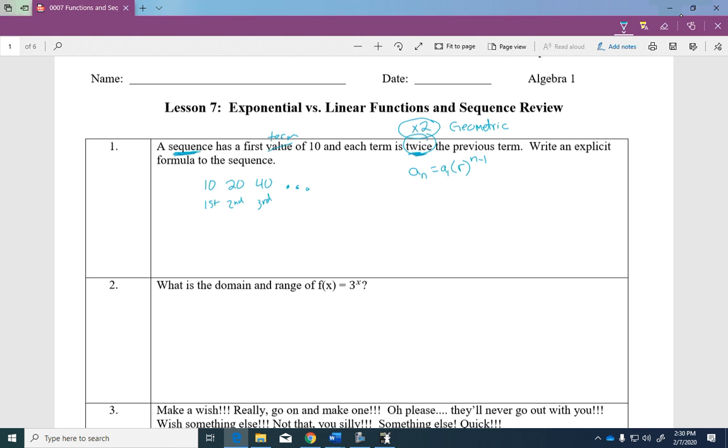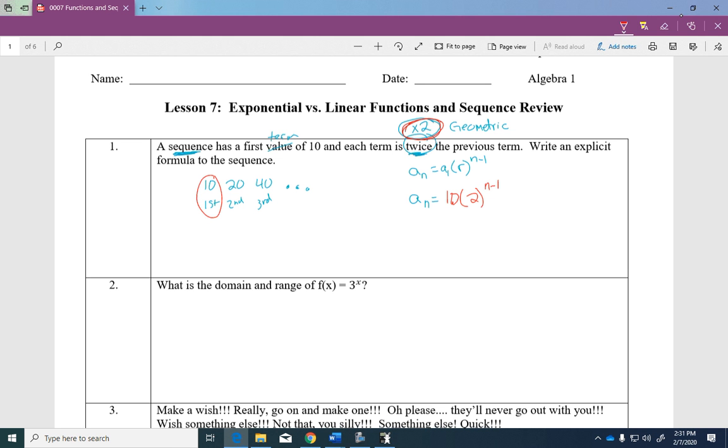I might as well just use this formula that's given to me on my Regents exam. So a sub n equals the first term of this sequence, 10, times the common ratio, which we determined to be 2 because we keep on multiplying by 2, and we raise it to the n minus 1. We're done.